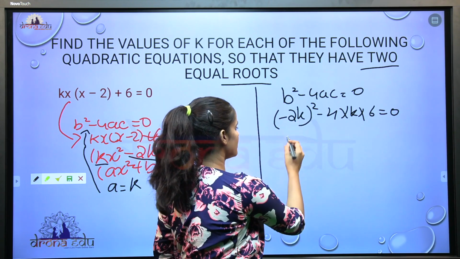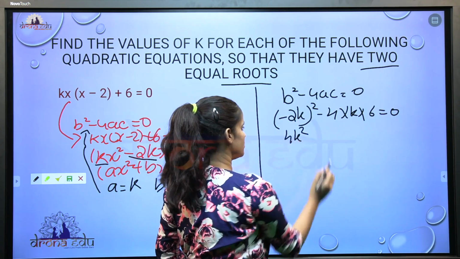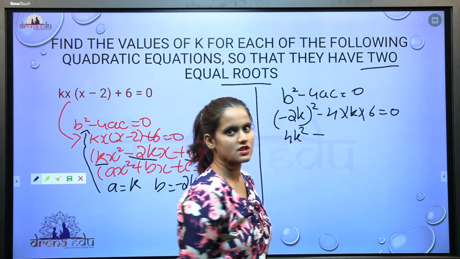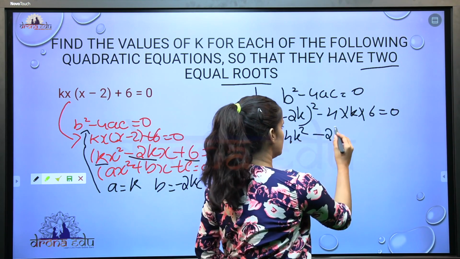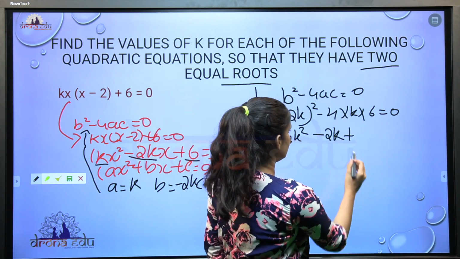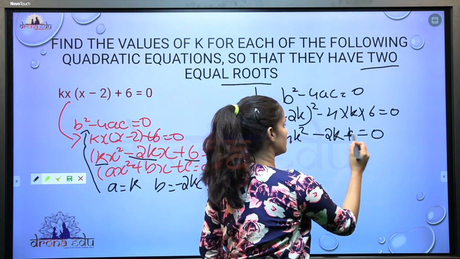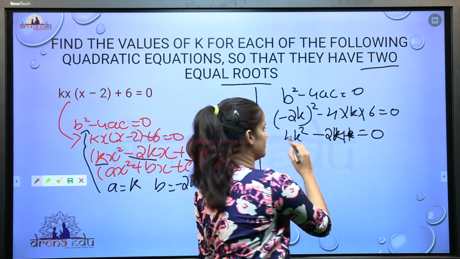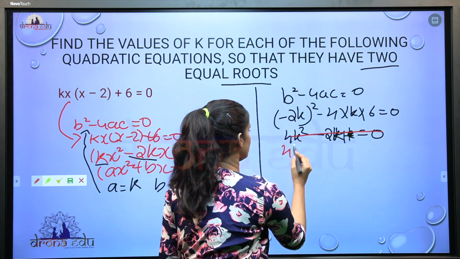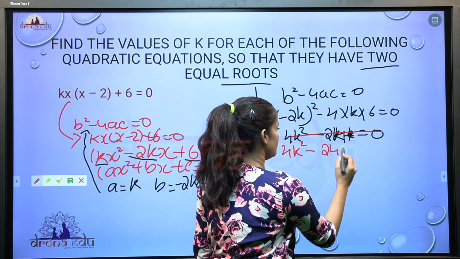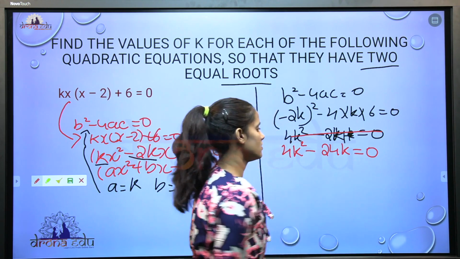Minus 2k whole square is 4k square, minus 4 into 6 is 24, so 24k. So 4k square minus 24k is equal to 0.